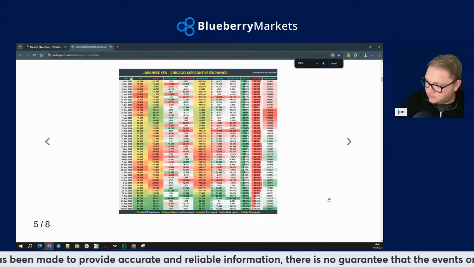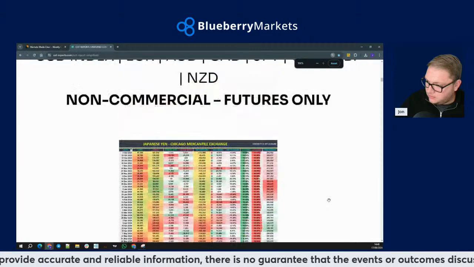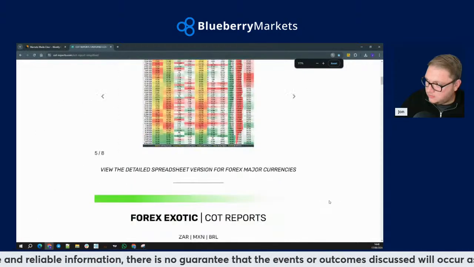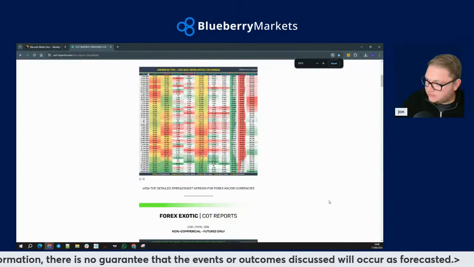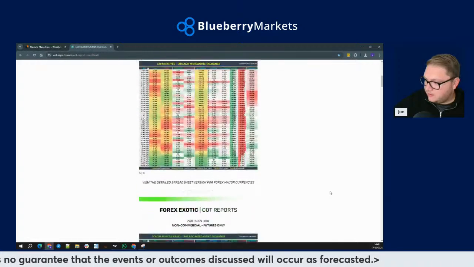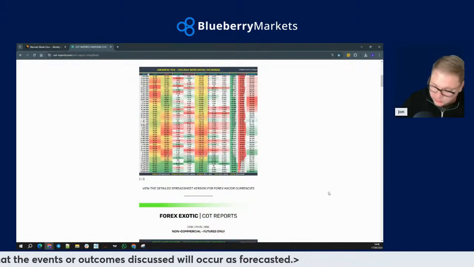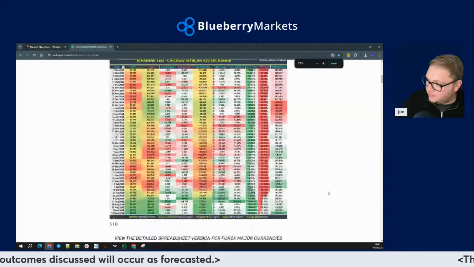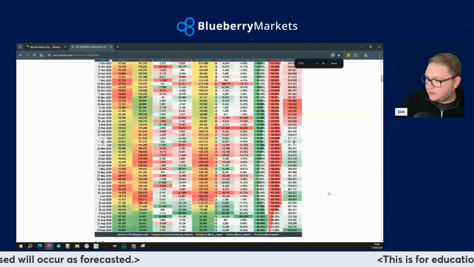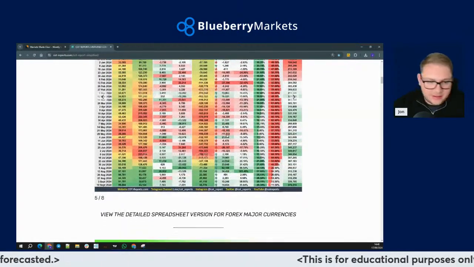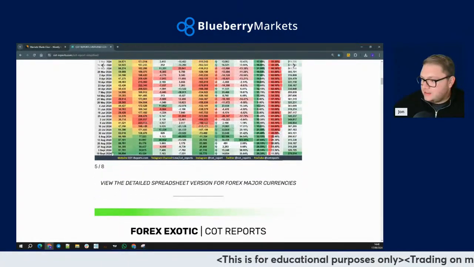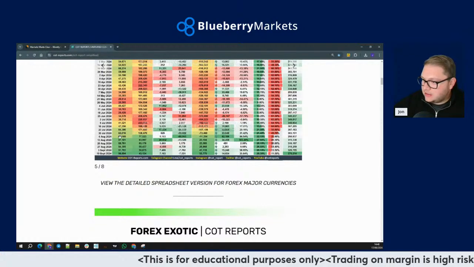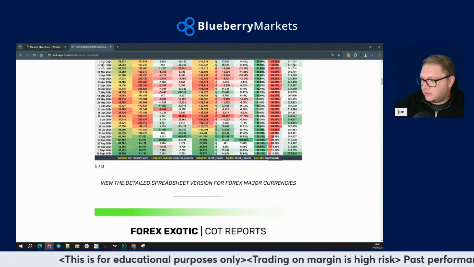That's the wrong button. Right, let's reset. Trying to finesse the system. Okay, we'll not play around with it. That's a bit better. You can see the coloration of the cells here, right? So this is the longs, this is the shorts.